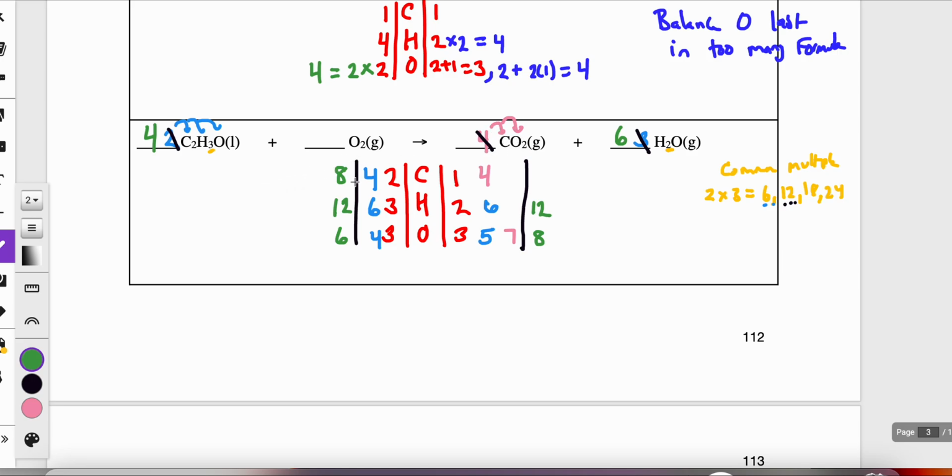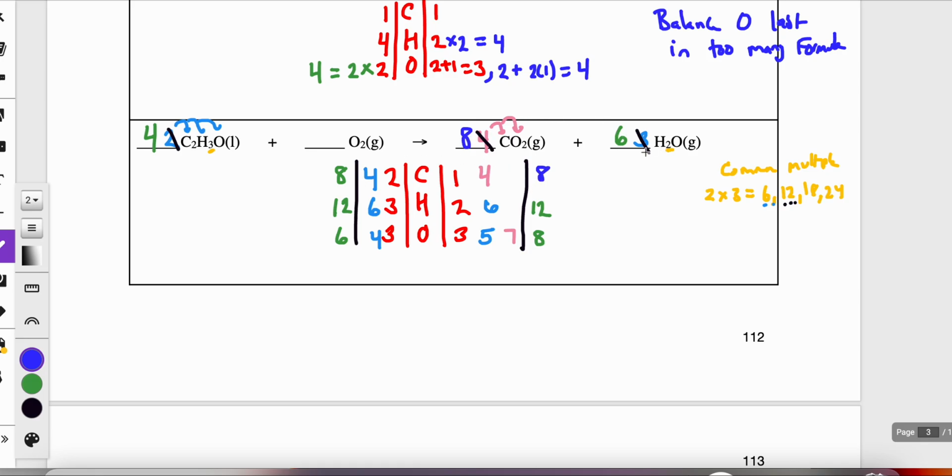So on the left, I have a carbon count of 8, and I have a carbon count of 1 on the right based on its subscript. So what do I put next to that CO2 to make it jump from a count of 1 to a count of 8? I would put a coefficient of 8 right here. So that 8 definitely affects the carbon count. So 8 times 1 gives me a carbon count of 8, and those match.